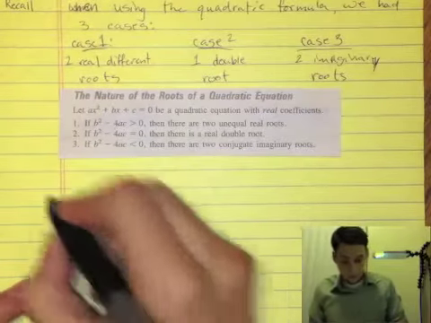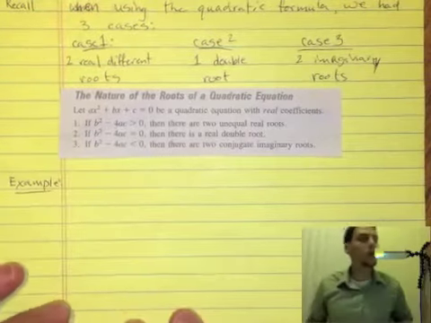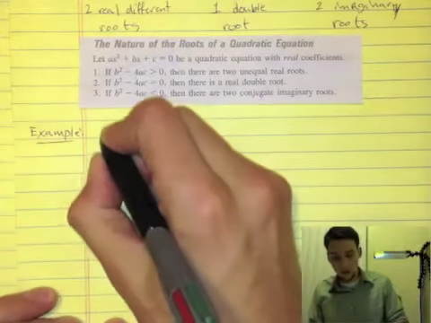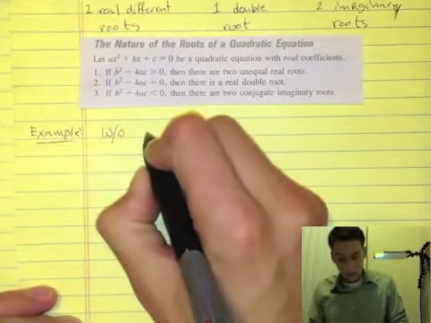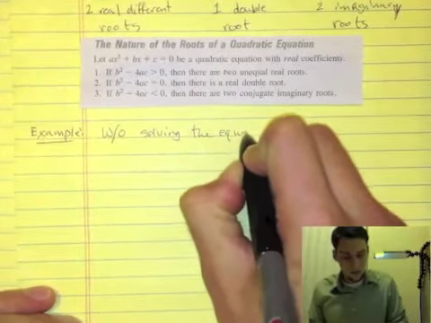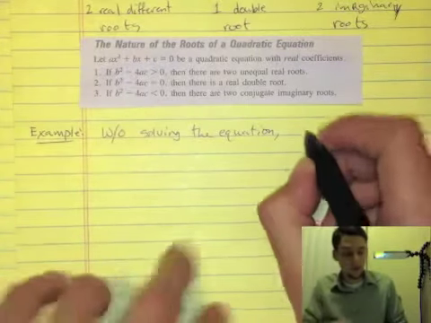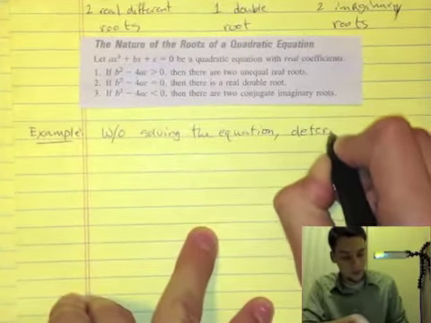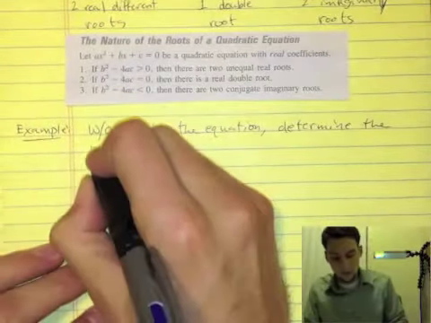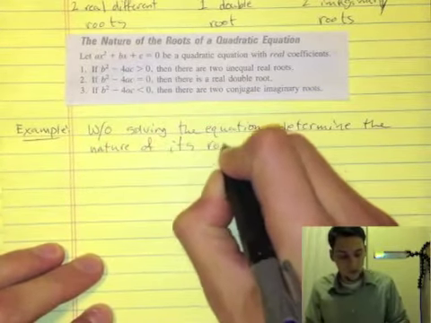So our first example. The directions will be: without solving the equation, determine the nature of its roots.